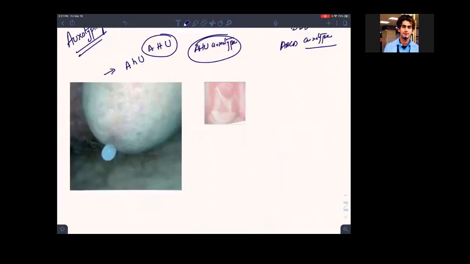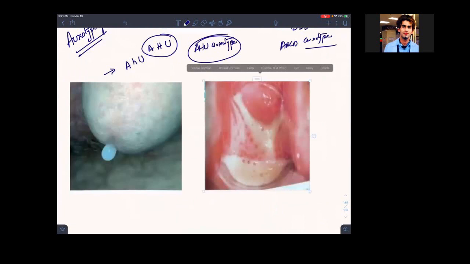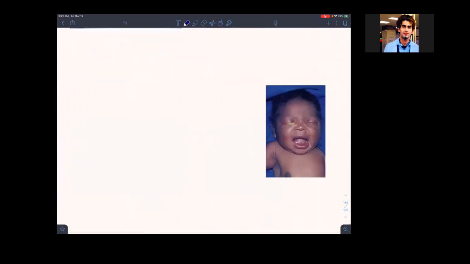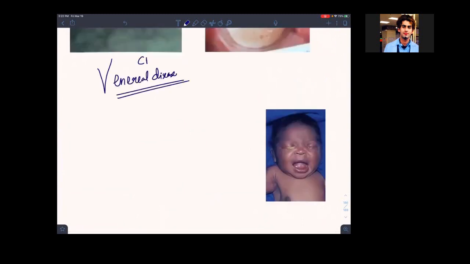Let me tell you first what gonococcus can cause. It mostly causes venereal disease. I hope you understand what venereal means. So let us talk today about the clinical manifestations of gonococcal infection.